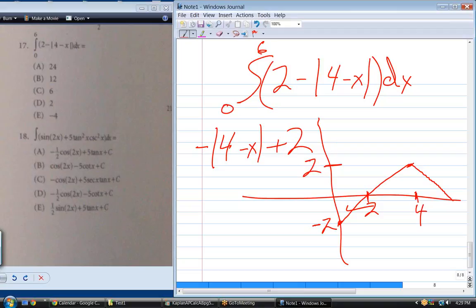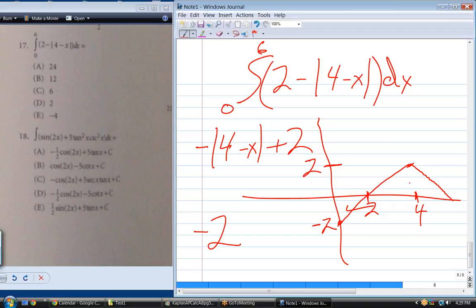So what's the area of the left triangle? It's actually, we're going to call it a -2 because it's below the x-axis. All areas below the x-axis end up coming up negative. Okay, so this is going to be positive.